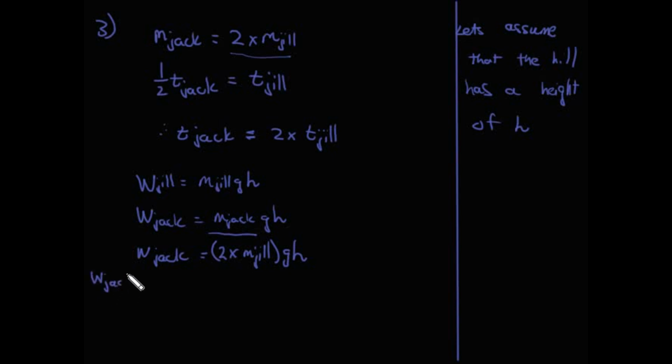The W of Jack is equal to 2 times the mass of Jill times gravity times height, and we can see that this is the same as that. Therefore, the work that Jack did to get up the hill is equivalent to twice the work Jill put in to get up the hill. So there's our work equation.